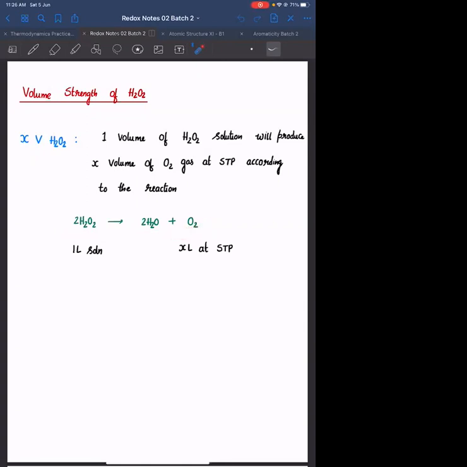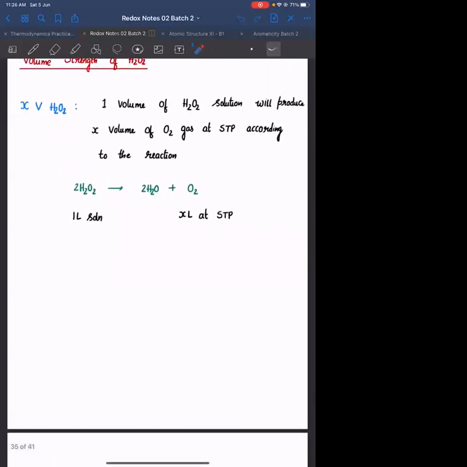If I'm taking 100 volume H2O2, उस particular solution का 1 liter लेके, if I perform this reaction, I will be getting 100 liters of O2 at STP. Is this clear? Okay. So, यहाँ पे हम कितना लिया है? X volume H2O2. So, if I'm taking 1 liter solution of it, I will be getting X liters at STP.